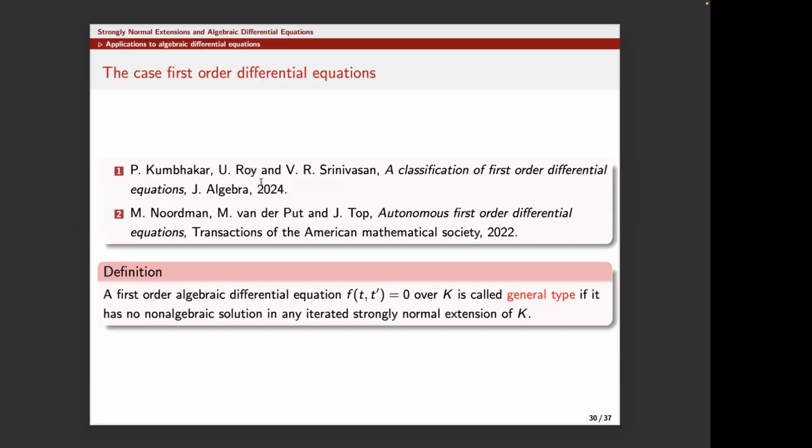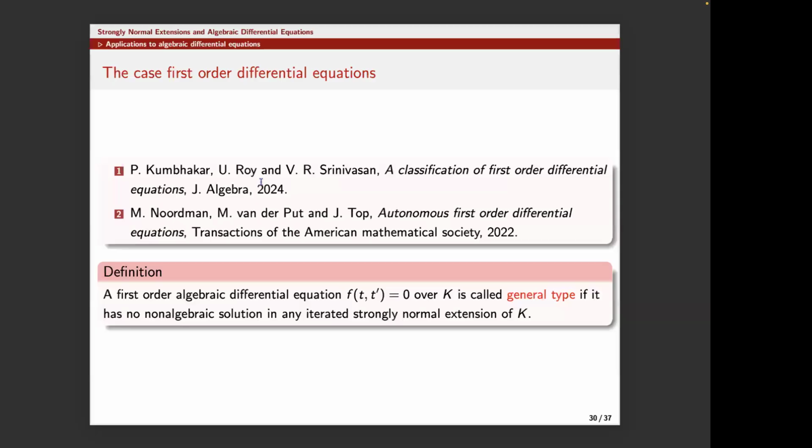Okay. Next, I will talk about the previous theorem in the case of a first order differential equation. The first order differential equations are extensively studied in two articles. The first one is our work, a classification of first order differential equations, and the second one is by Nagloo, Freitag, and Jaoui, and they only concern themselves with autonomous first order differential equations.